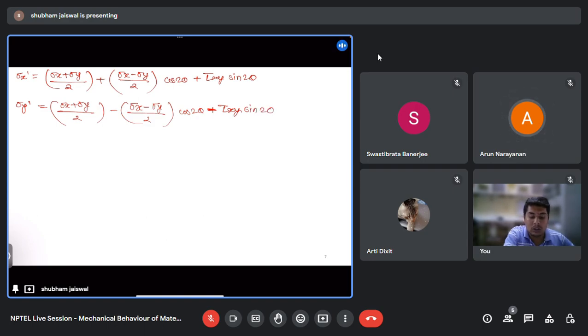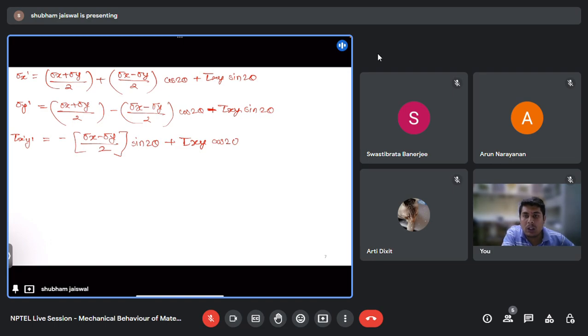And for the shear stress, it is minus (sigma x minus sigma y) by 2 sin 2 theta plus tau xy cos 2 theta. So this will give the maximum normal stress and maximum shear stress acting on that particular plane.